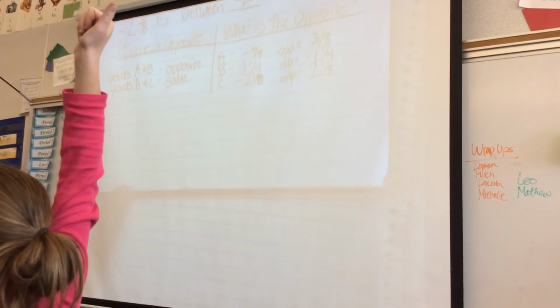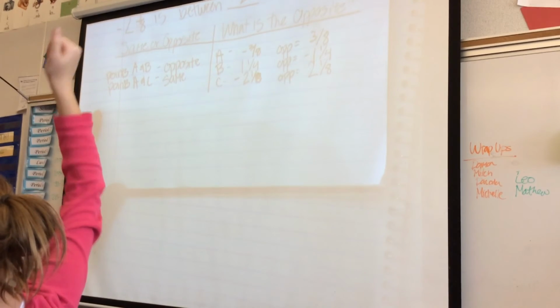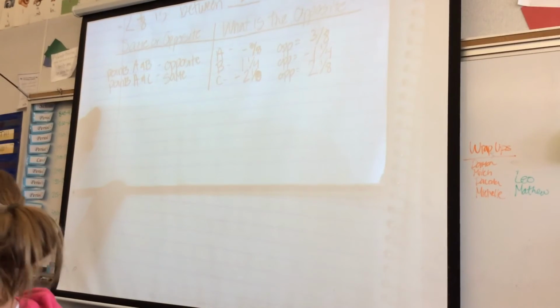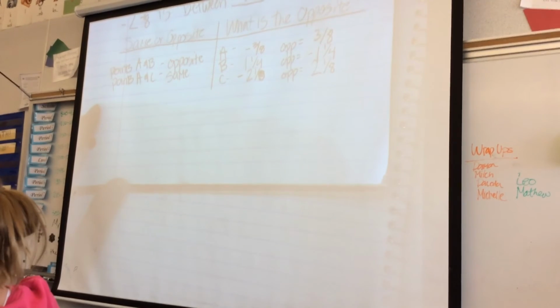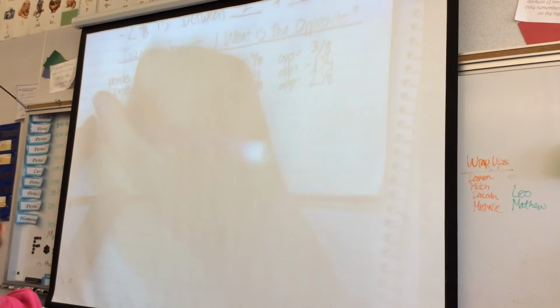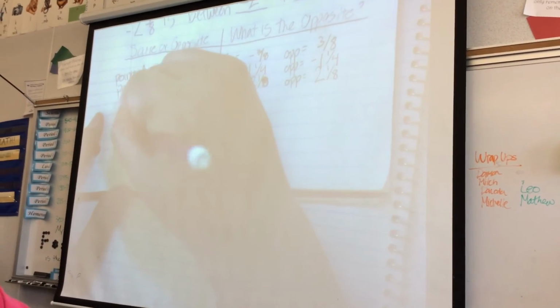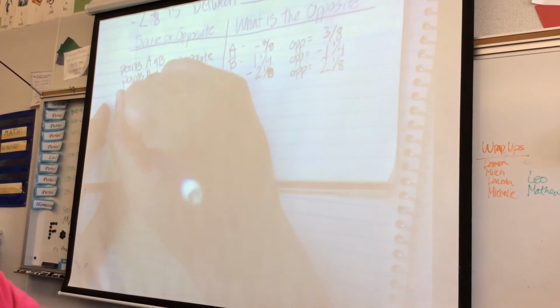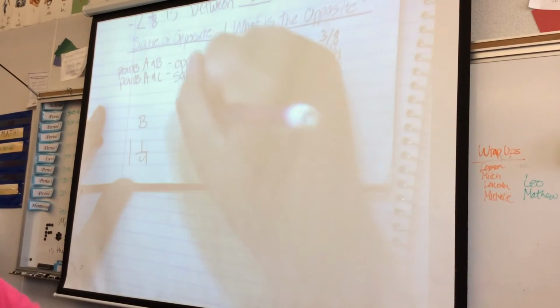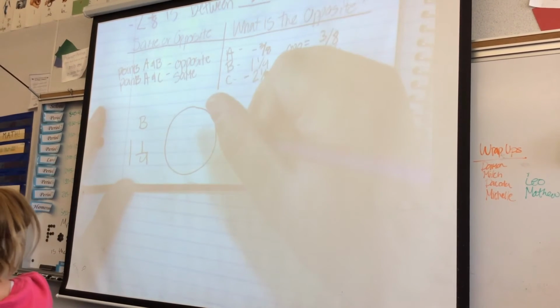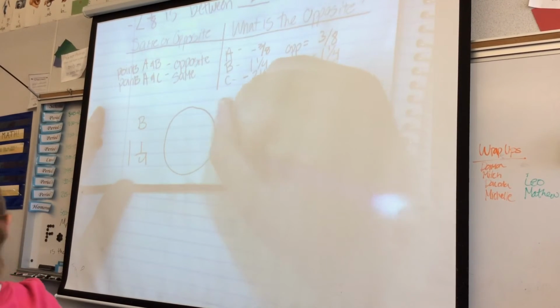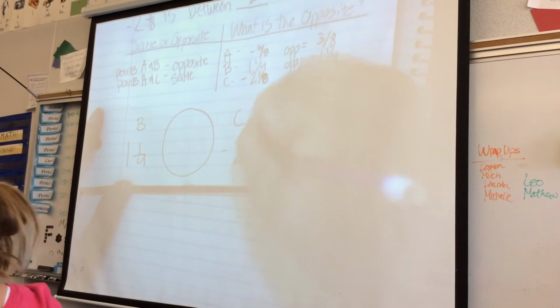Good. And then there's one more thing that we're going to do, and I'm going to ask that you tell me that you're able to compare 2 rational numbers. So we're actually going to compare point B, which is 1 1/4, in comparison to point C, which is negative 2 1/8.